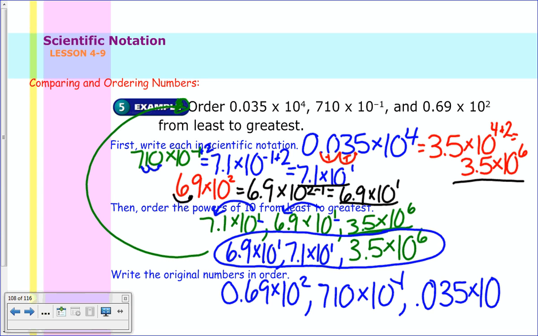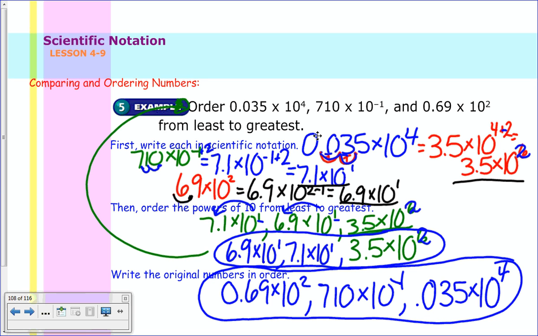I moved backwards 2, so this should have been minus. So I should have subtracted those, so that was my fault. 4 minus 2 is 2. So here this should be to the second power. And you'd get times 10 to the fourth.